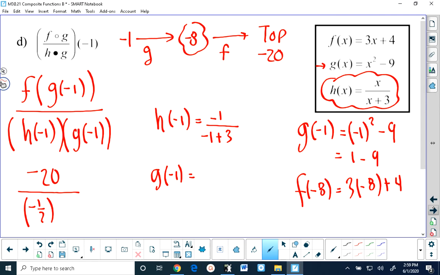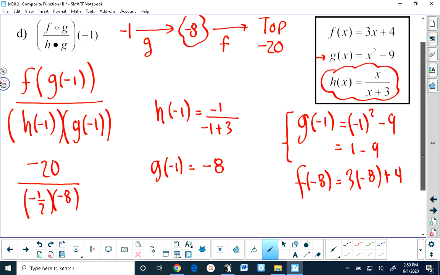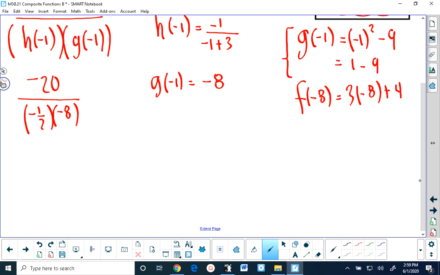We did that over here. It's -8. On the bottom, I have -1/2 multiplied by -8, which is +4. So I get -20/4, which is -5. And this is our answer to this question.